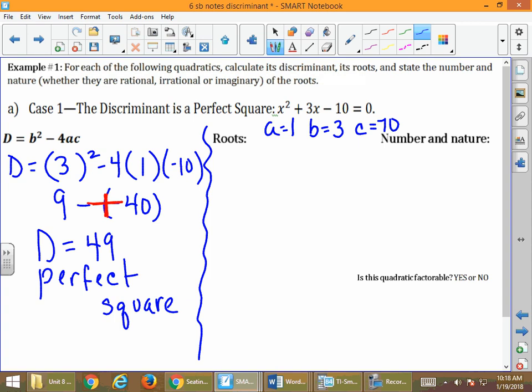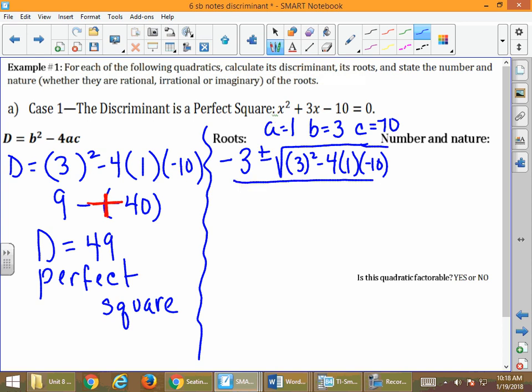Well, it's going to be negative b plus or minus the square root of 3 squared minus 4 times 1 times negative 10, all divided by 2 times a. The good news is we already calculated the discriminant, so we know what that value is underneath the square root.